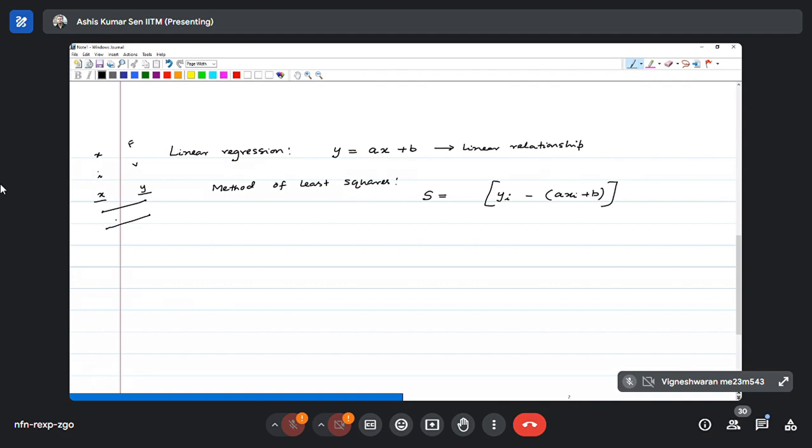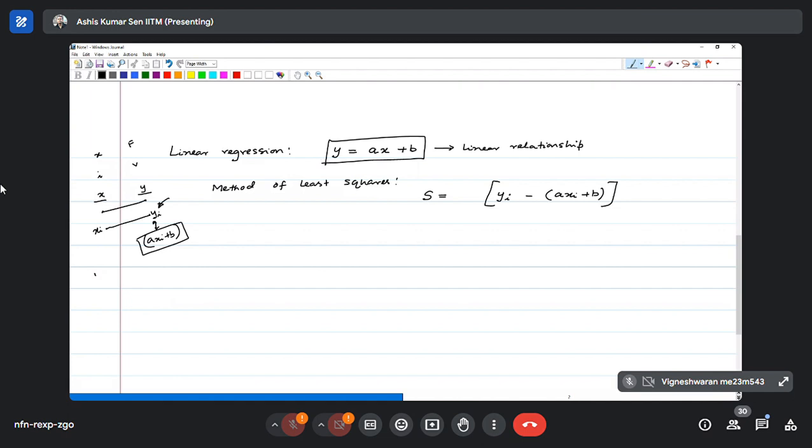Now, if you want to establish the relationship, so you write that let's say this is yi and this is xi. So instead of yi, you are basically writing axi plus b. So this is basically an approximation, but your actual data is yi. So if you use this relationship, there is some error that is going to come.